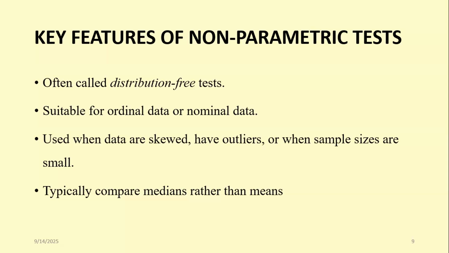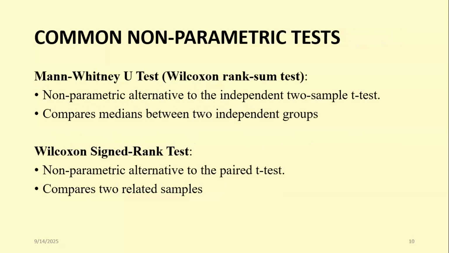It usually compares medians, not means. If you are using non-parametric tests, you don't compare means, rather you compare medians and range, not mean and standard deviation. So that is for non-parametric tests.